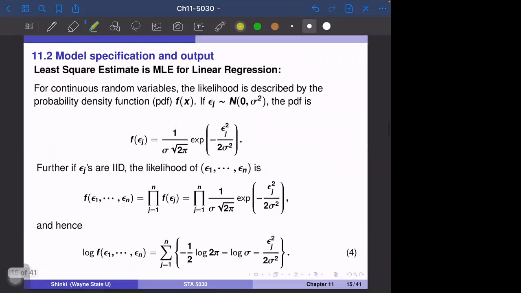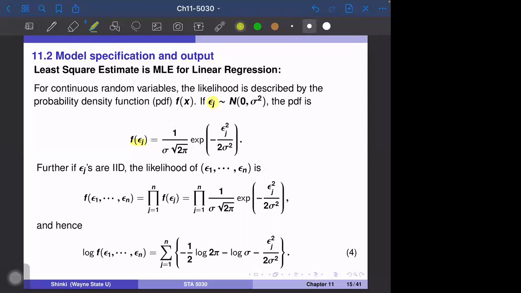Okay, so think about the linear model now, and what is the MLE? At first, we think about a little bit simpler case. Since in linear regression we only have the one random part, epsilon, epsilon follows the normal 0, sigma square. So we think about the probability density function, the PDF, of this epsilon j.